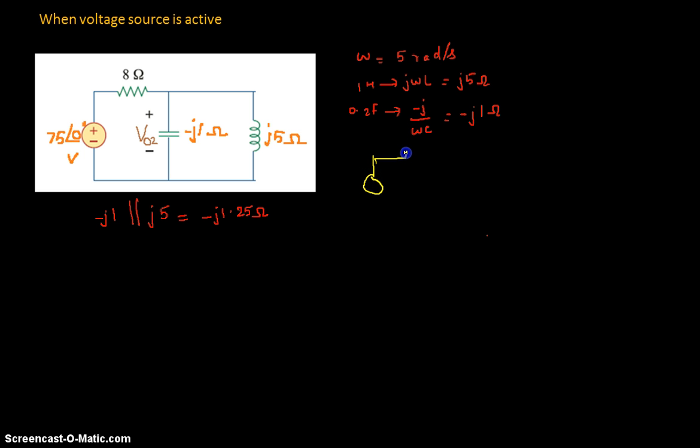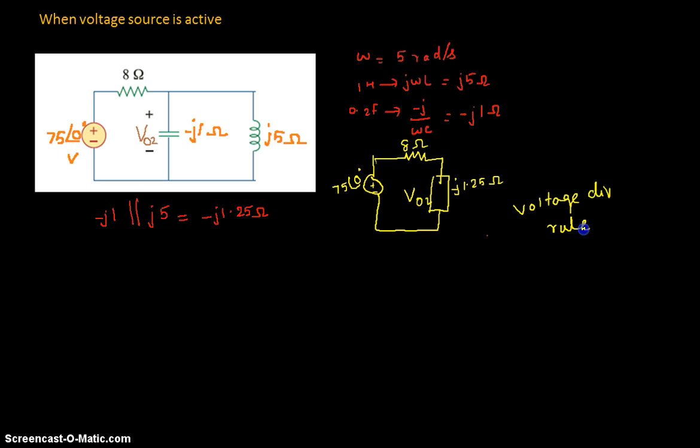The voltage source, the resistor is there, and the capacitor and inductor are replaced by the equivalent value we have just found. This is our voltage source, 75 angle 0 degree, 8 ohms and minus j1.25 ohms. The voltage across this we want to find out by voltage division rule.